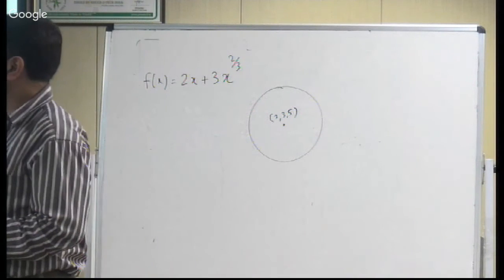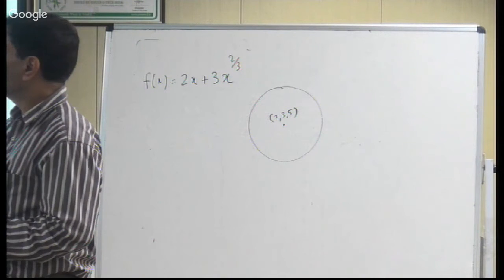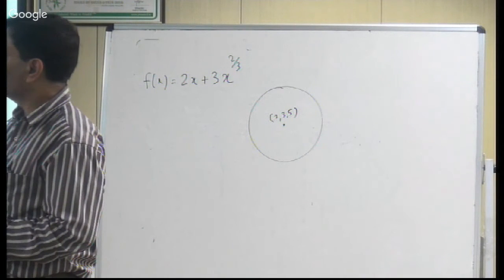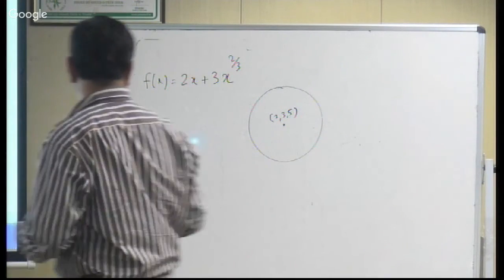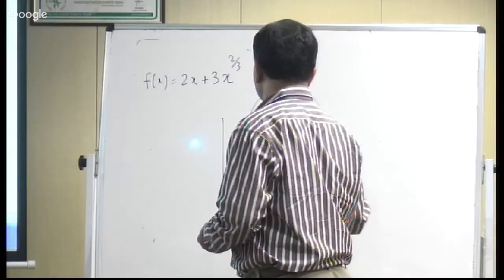The minimum distance from (0, 0, 0). The equation of the sphere is not given. This is the origin.